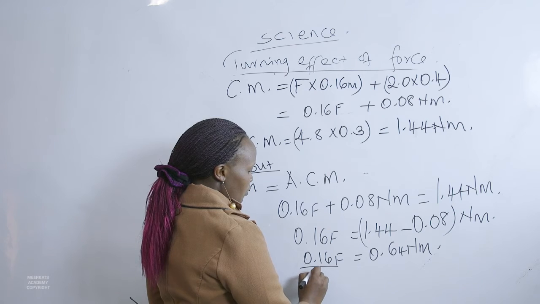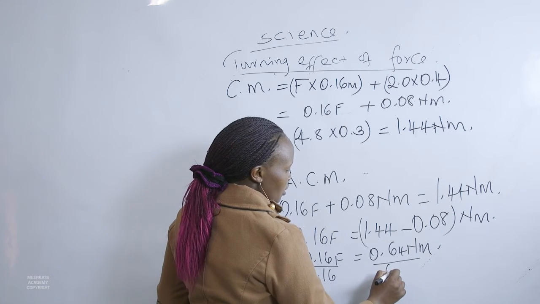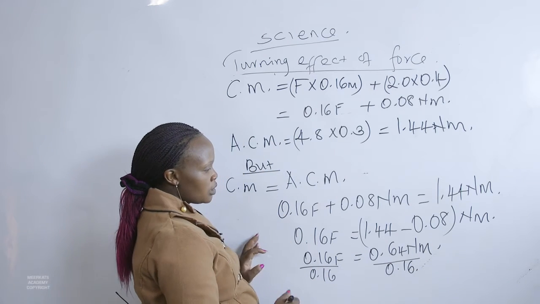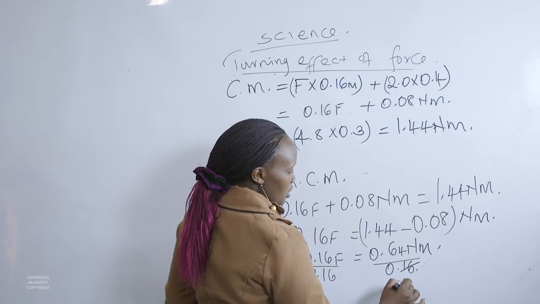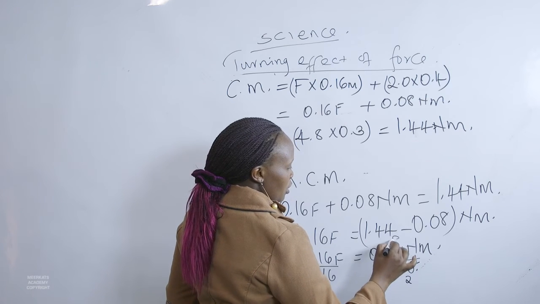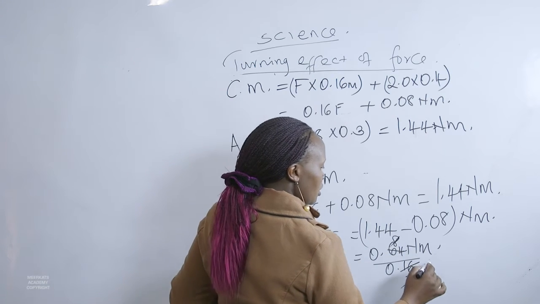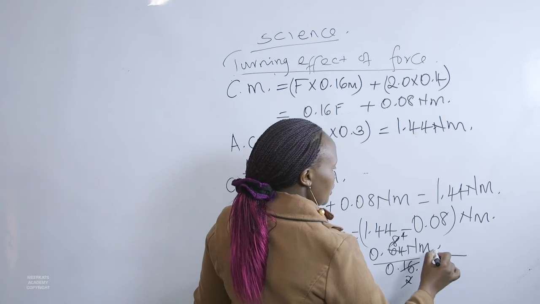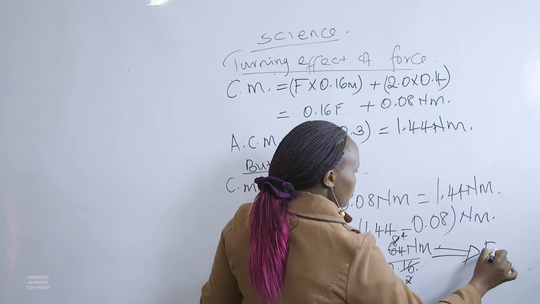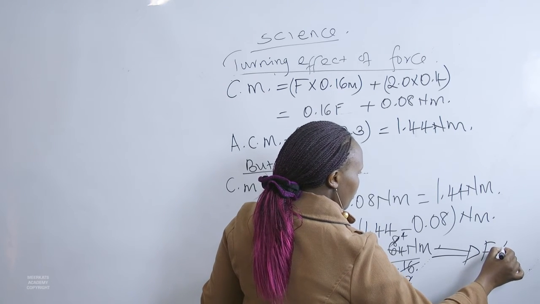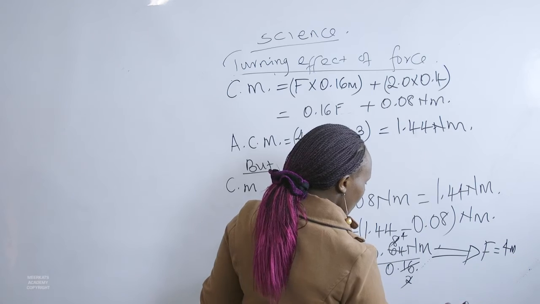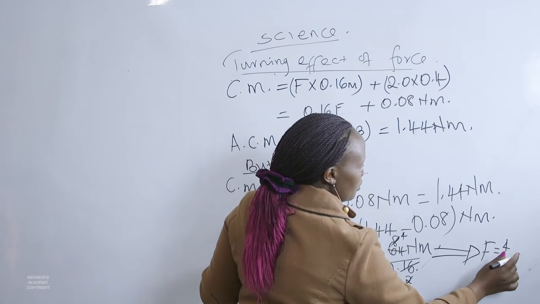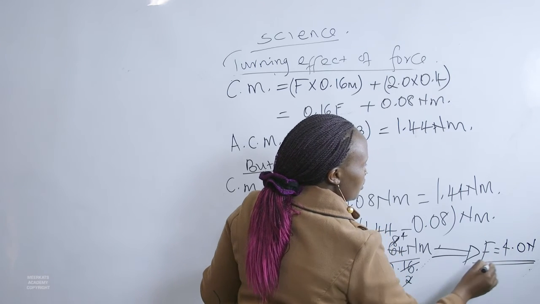Then we can divide the other side by 0.16. We can cancel by 8, 2, by 8, 8, then by 2, by 2, 4, so that F is equal to 4.0 newtons.